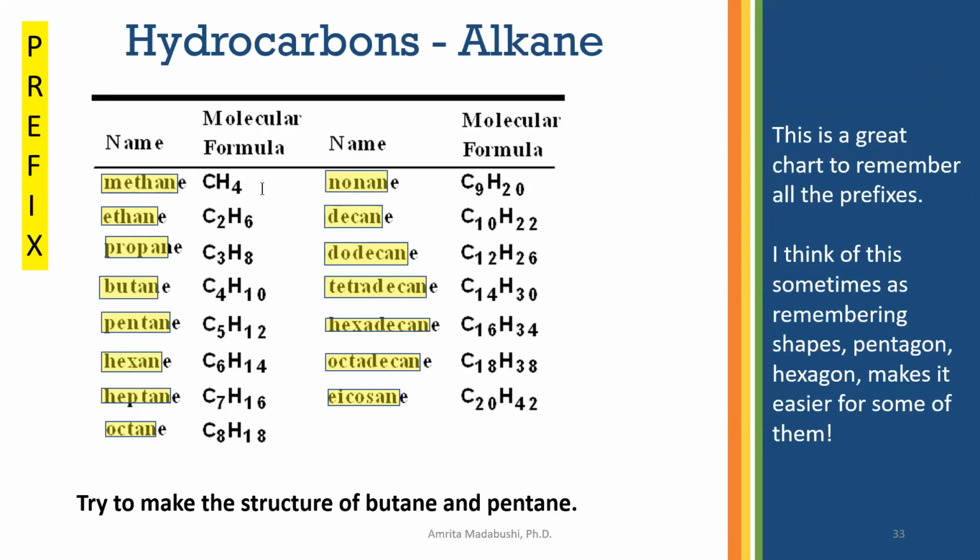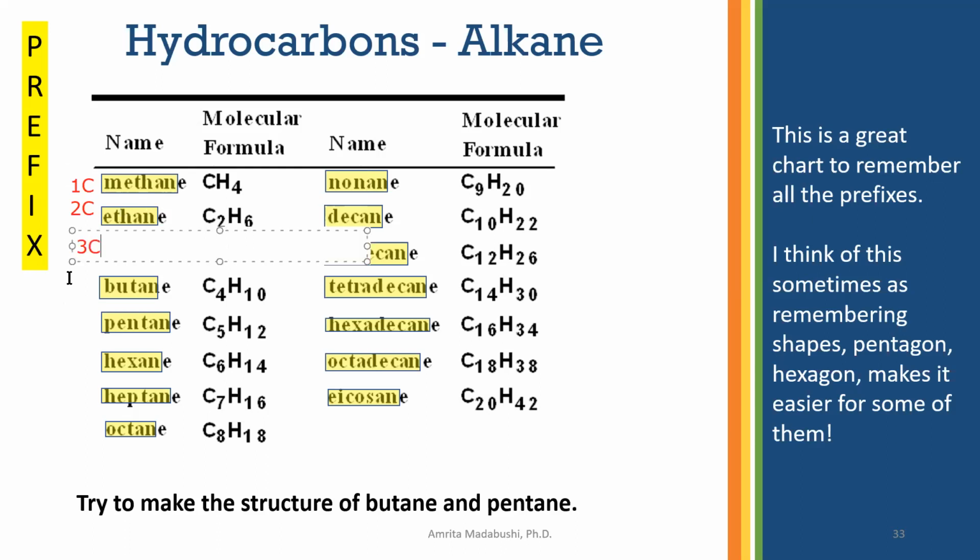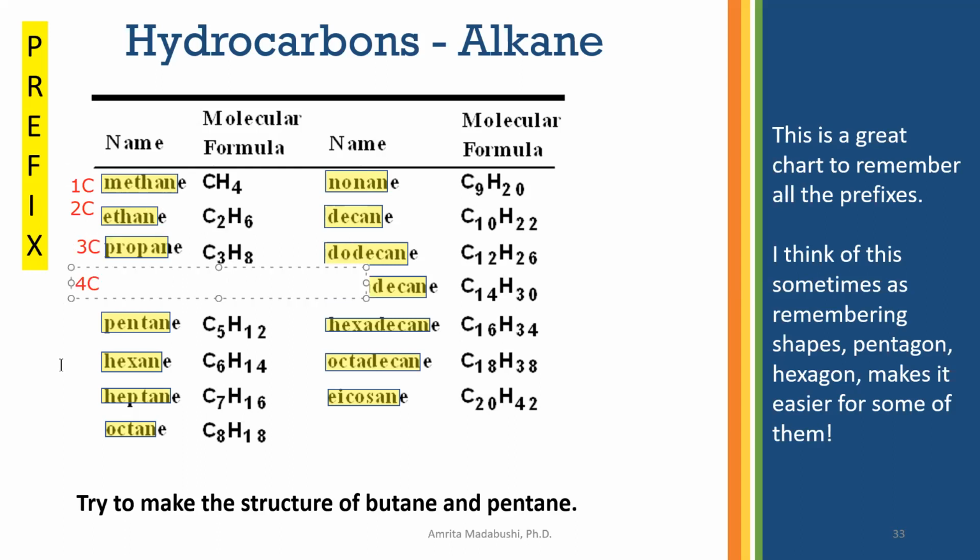So you have to remember that when there is 1C, when there are 2C, the different numbers of carbons will indicate different starting names. Like ethanol or ethanoic acid are all 2 carbons. That's something I hope you will remember. Similarly for 3C and 4C.